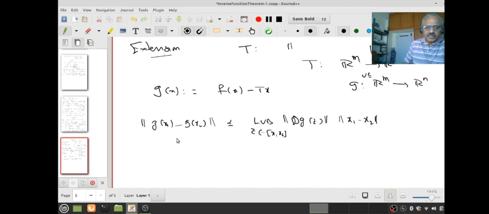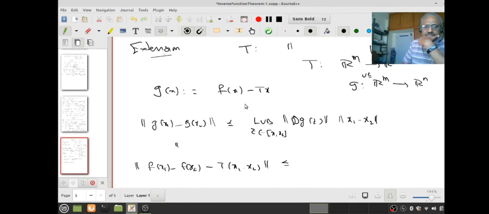Let's try to understand what this object is. f(x1) minus T(x1) minus f(x2) minus T(x2). Therefore this object is nothing other than f(x1) minus f(x2) minus T(x1 minus x2). That's less than or equal to, what is the derivative of G? Remember, G is also differentiable, because any linear map is differentiable.